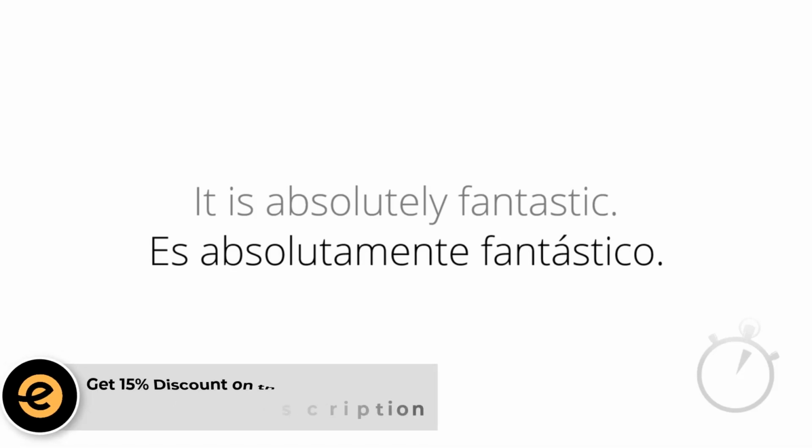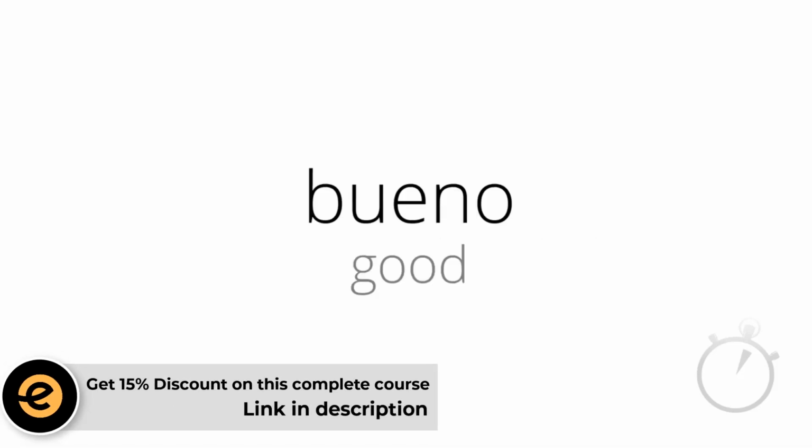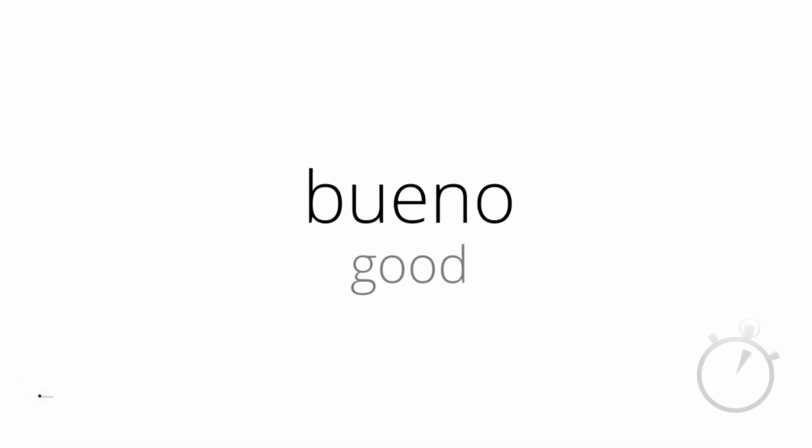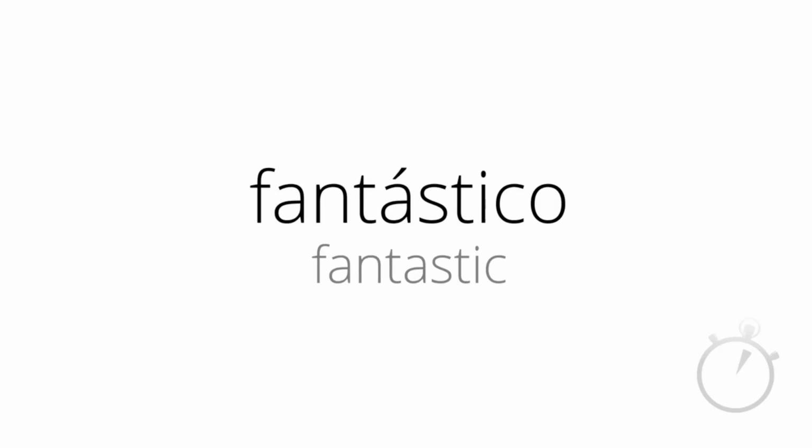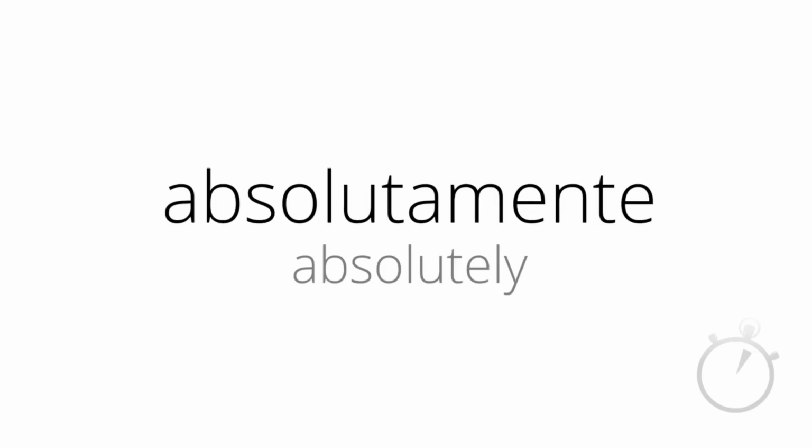So in this lesson so far, we've had bueno, which means good. Es, meaning it is. Fantástico, which means fantastic. And I also said that when you have a word that has an accent, then you stress the part of the word where the accent is more than any other. So fantástico. And then we had absolutamente, which means absolutely.